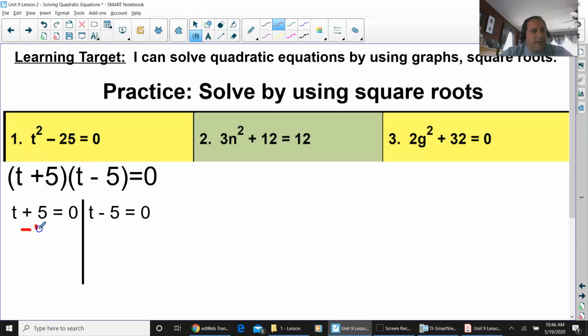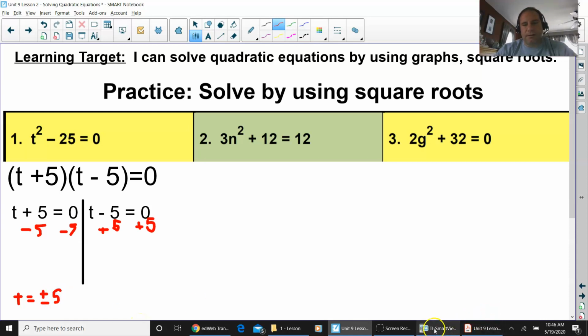Use inverse operations to solve for both. This one is plus 5. This one is negative 5. So t equals positive and negative 5. And those are the roots.